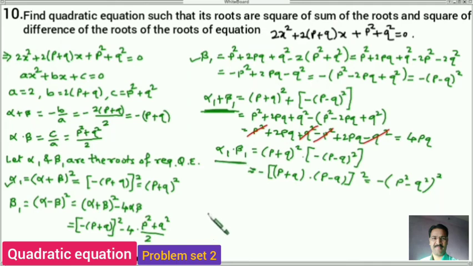And we know the quadratic equation: x square minus in bracket alpha 1 plus beta 1 x plus alpha 1 into beta 1, which is equal to 0. This is the required quadratic equation form. We'll put the values here. That is x square minus, what is alpha 1 plus beta 1? That is 4PQ, we'll write 4PQ x plus, what about alpha 1 into beta 1?